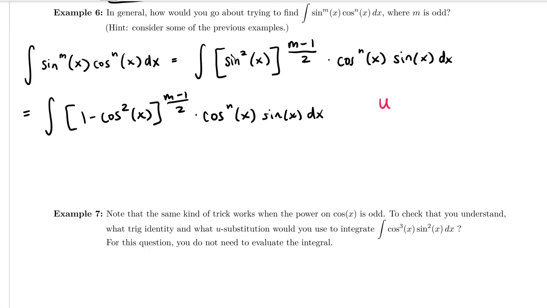Okay, so now we can do our u substitution, where we're going to set u to be equal to cosine of x, and then du equals negative sine of x dx. And we get negative du is equal to sine of x times dx.